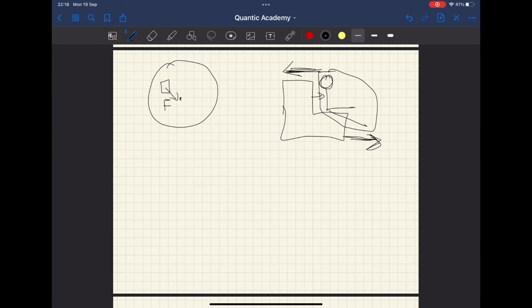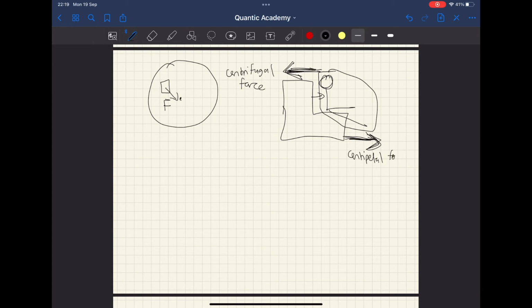So there's some fictitious force basically acting on me that causes me to go towards the seat. Even though that force doesn't exist, it's actually the seat pushing on me, but it feels like I'm being pushed on the seat. And we call that the centrifugal force. As you can see, it's opposite to the centripetal force.